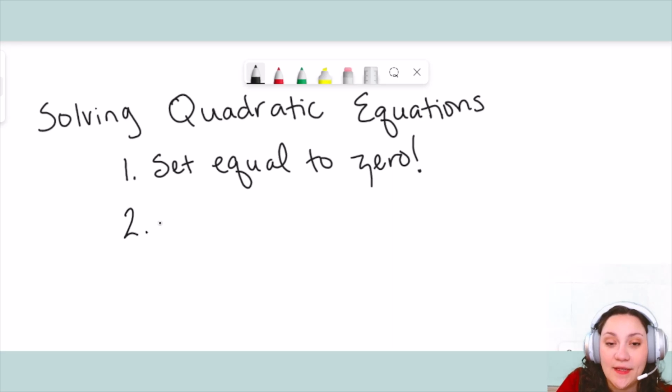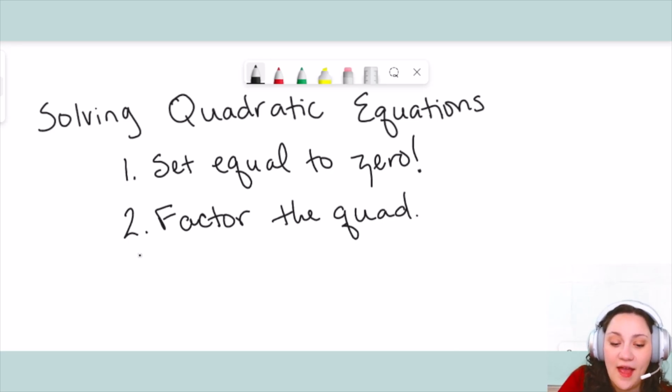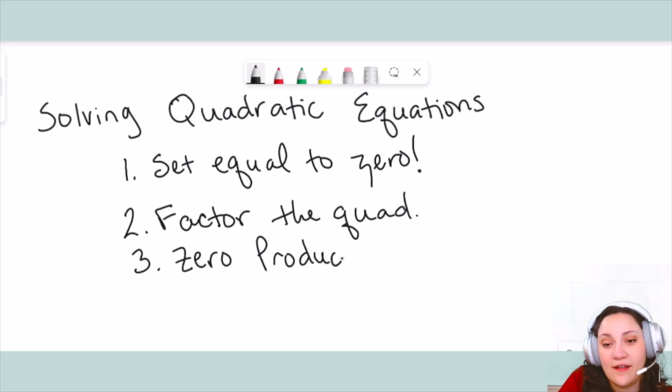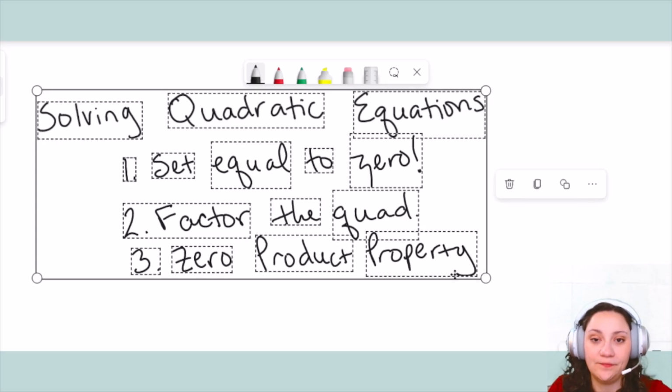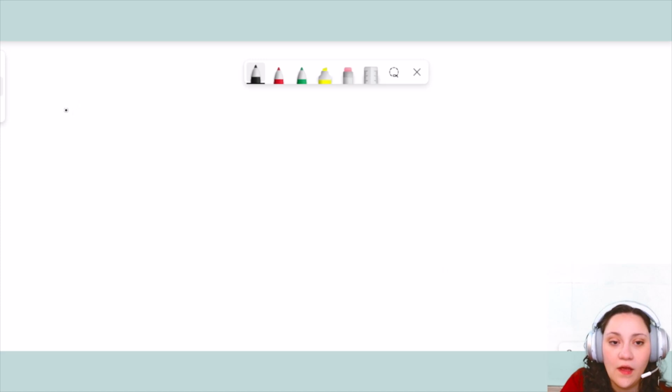The second step is always going to be to factor the quadratic. And then the third step is to use that zero product property. So let's see how these steps work out in real life as we're working an example. So we want to solve the quadratic.